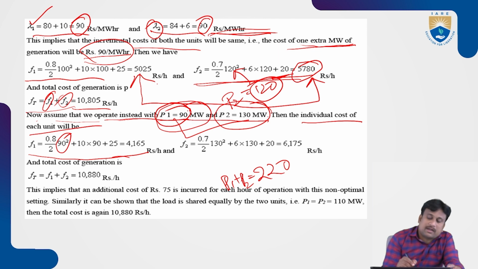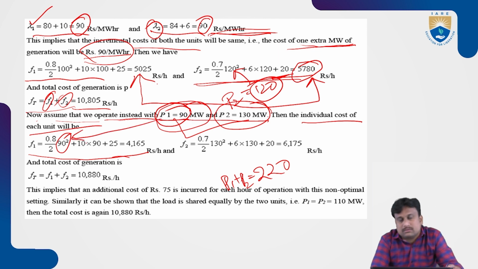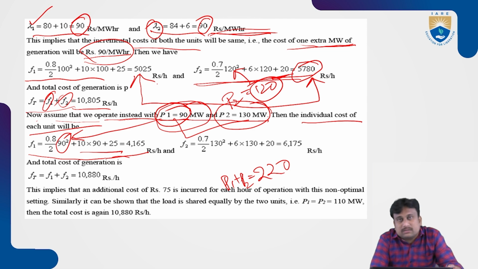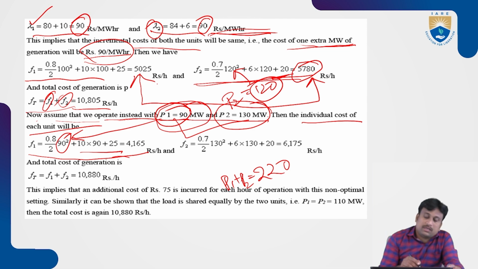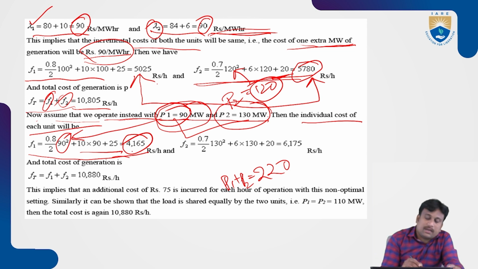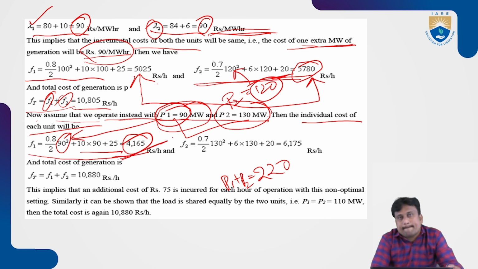So it becomes 0.8/2 times 90 squared, plus 10 into 90, plus 25. This gives a value of 4,165 rupees per hour.